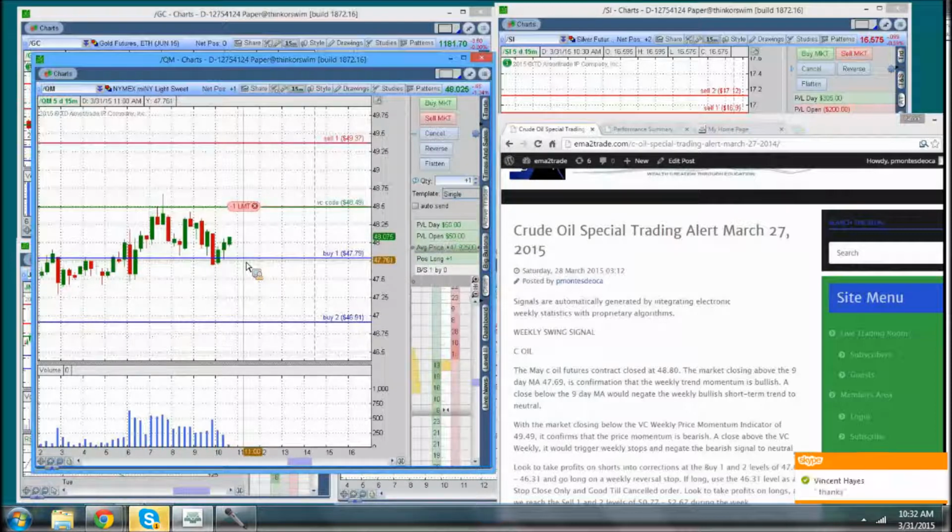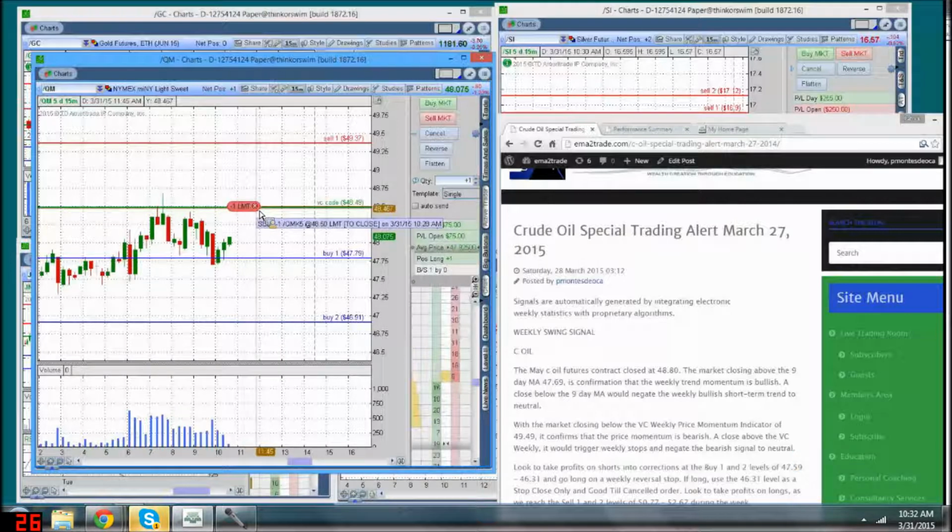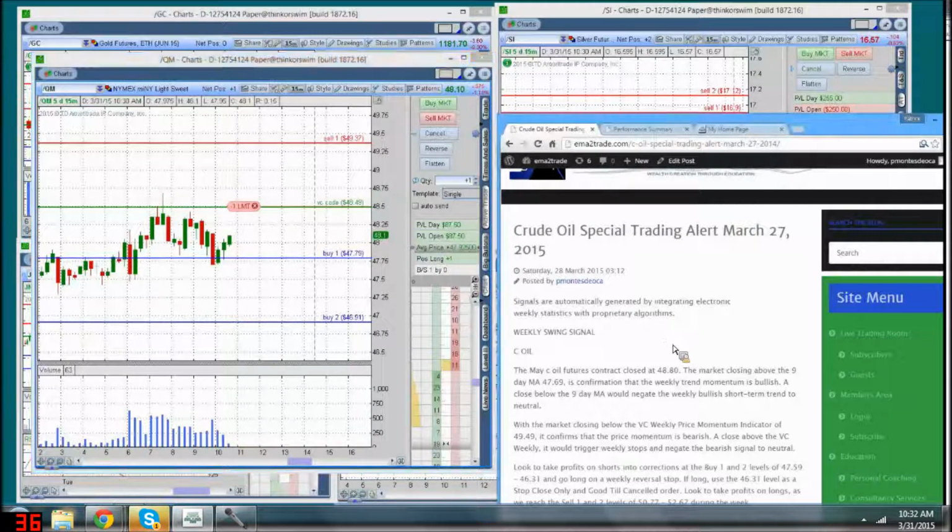Our stop is 47.79, and the 48.49 is the target zone as a day trade. And we're going to take a look at this algorithm now in terms of the report that was published on March 27th.